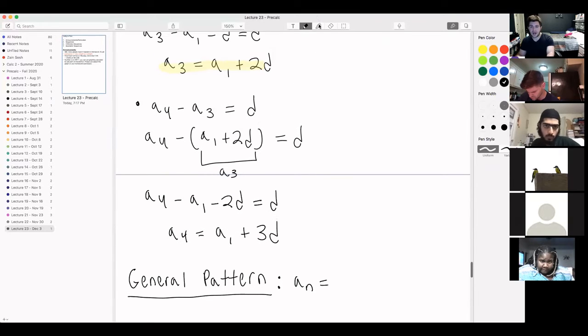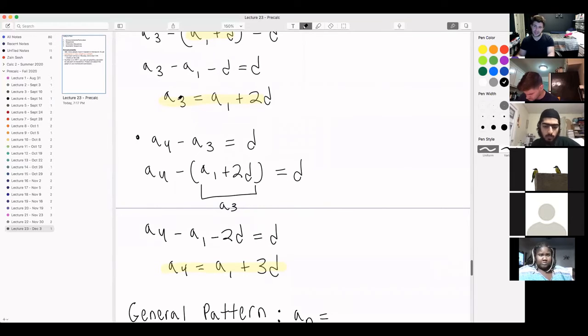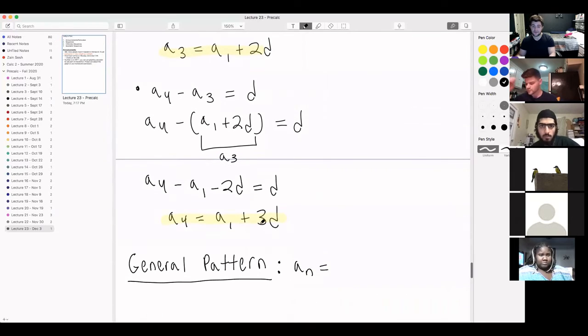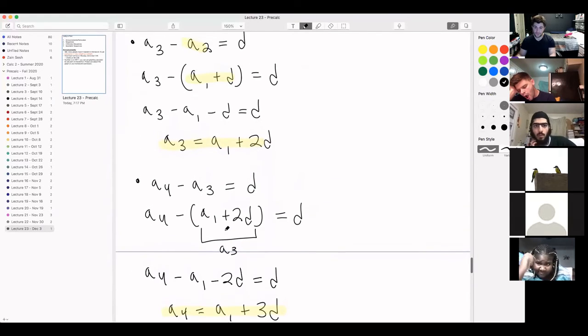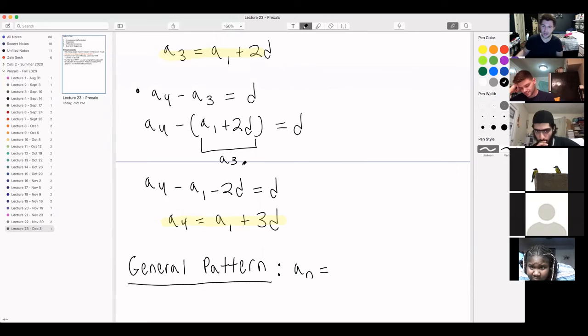What do we see in common with all these formulas? So I have 2d in a3, I have 3d in a4, I have a1 in all of them. So what may the nth term be given this evidence here of the first four terms?